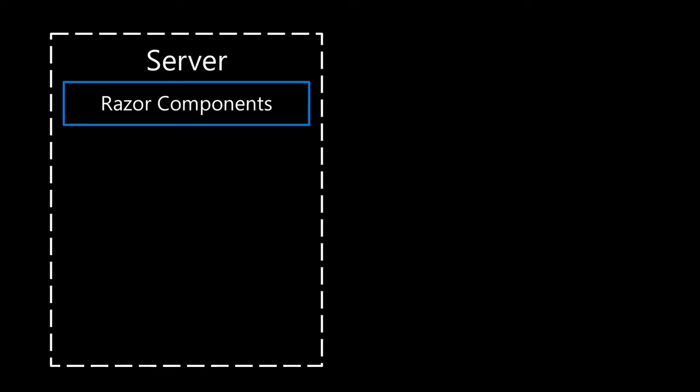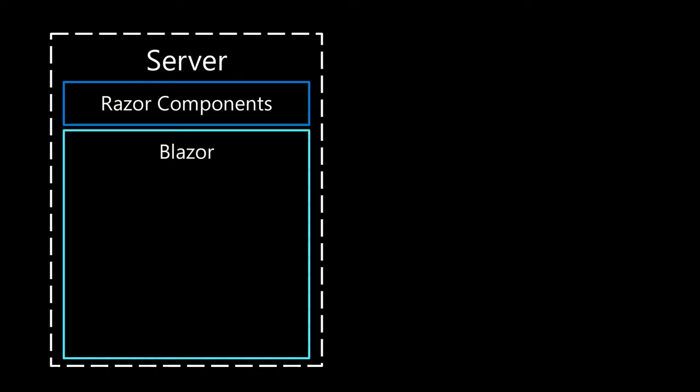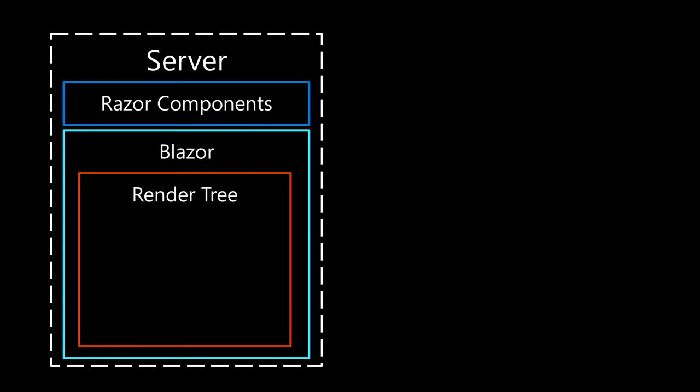We have a server, and we have our .NET Standard Razor components. Then we have Blazor up on top of that. So that is going to create a render tree, a virtual DOM, if you will, that is going to make sure that it's a copy of the web page DOM.